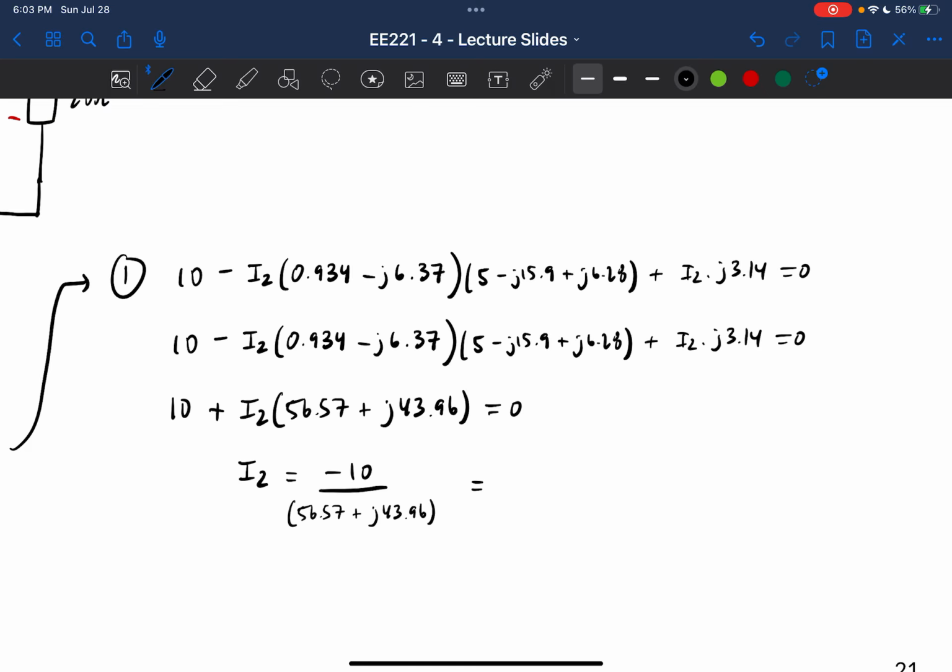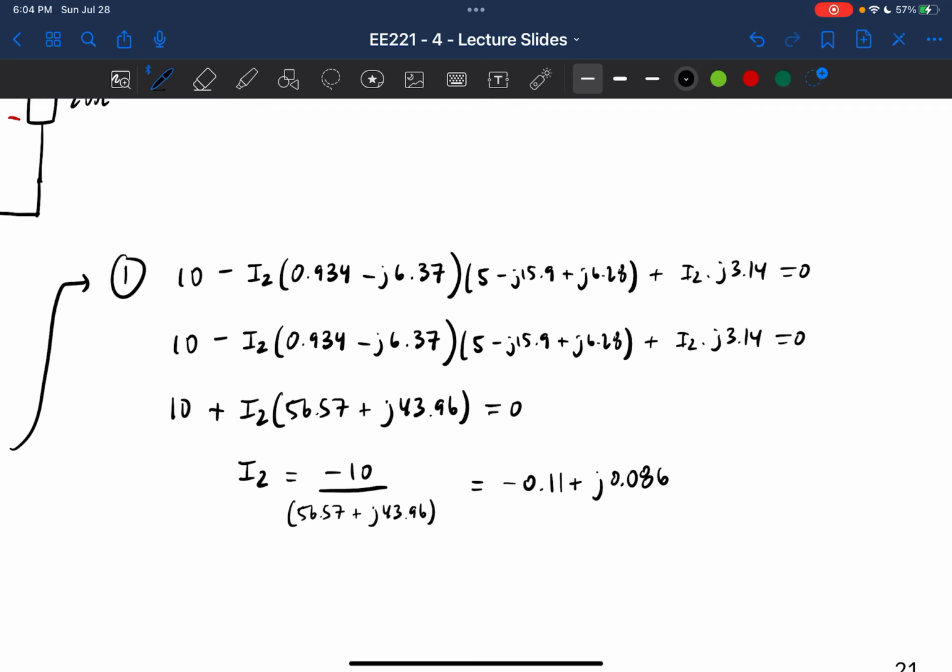So I multiply this by -1, then I add 3.14 times j. Okay, so now I have what I need, and then I do -10 divided by that thing, and that should give me I2. Okay, so I get -0.11 plus j0.086.